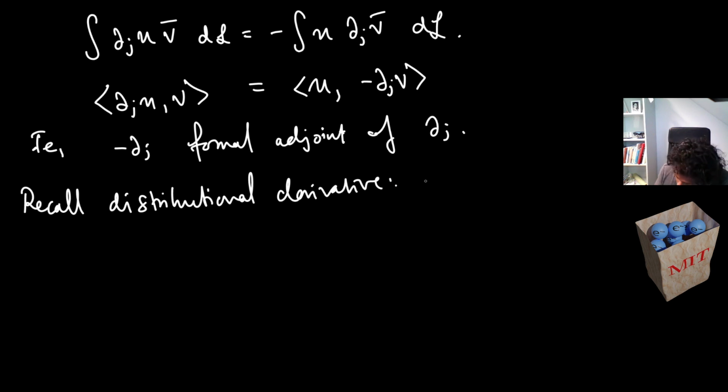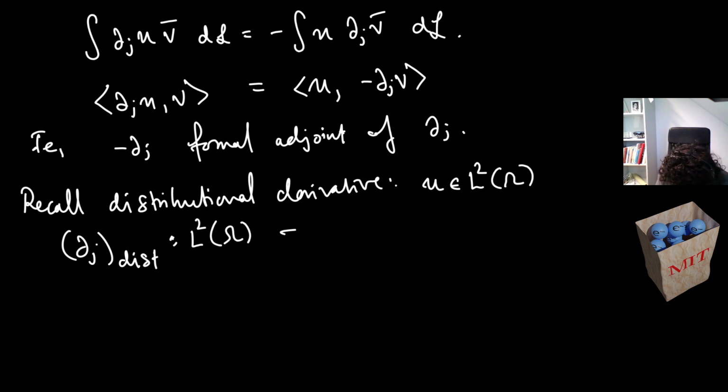What we want to do is define, for u in L2, we want to extend and define partial j, I'll call it lowercase dist for distributional, going from L2 of omega to the dual of C infinity compactly supported.